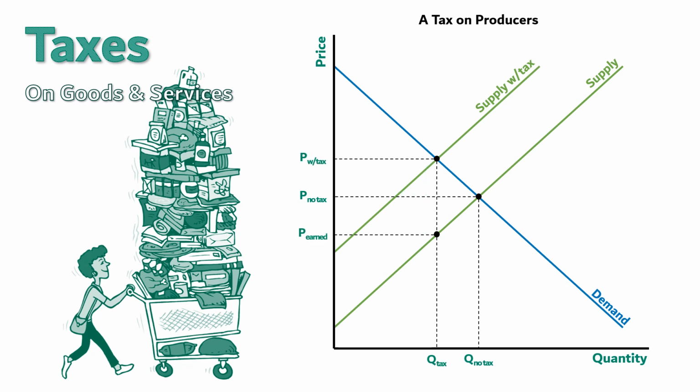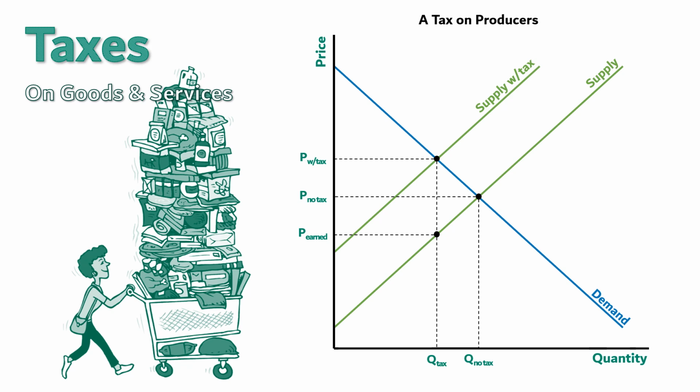This creates a new market equilibrium where demand crosses with the new supply curve will be the price set by the market. We can see that this is higher than the market price when there was no tax, but this is not the price producers will earn when they sell the product.